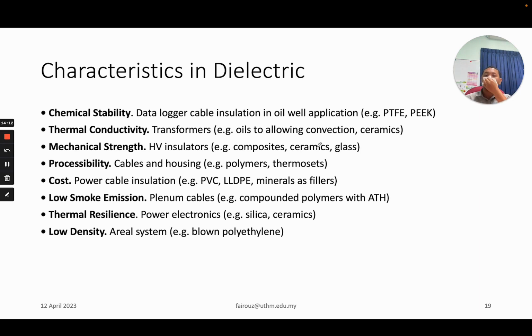And then processability, cost, of course, we need to look at the price as well. Low smoke emissions, thermal resilience, low density, and so on. So there are many characteristics that we need to look for based on the application that we are going to use it for.